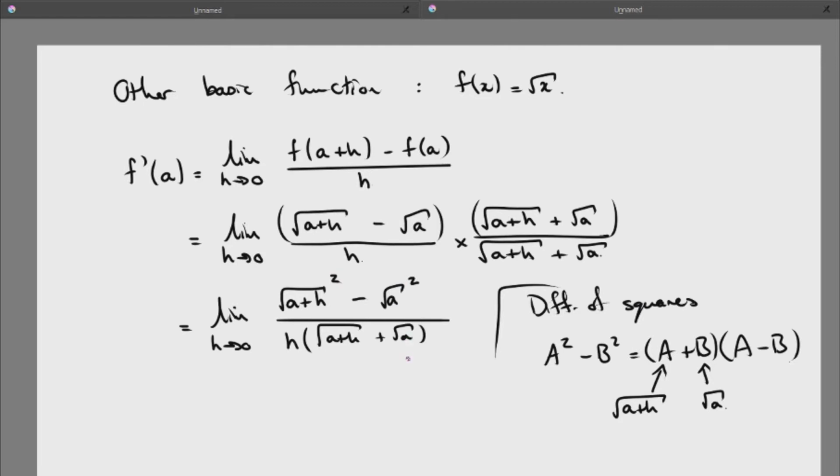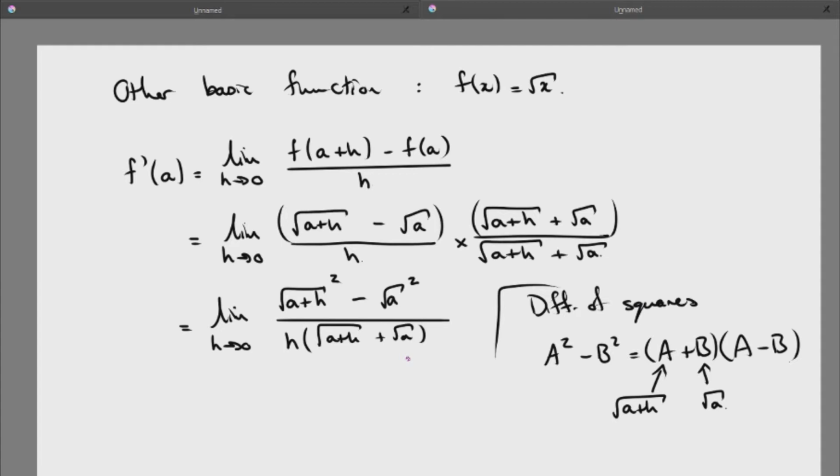Does everyone understand why I'm able to do that? The trick of multiplying with that second fraction, that's something you just remember. You see it a few times, and it only really is an issue for us when it's a square root. There's no other way to simplify that, really, and I have to. But once I have those two brackets that I need to simplify in the numerator, I recognize it as the difference of two squares.